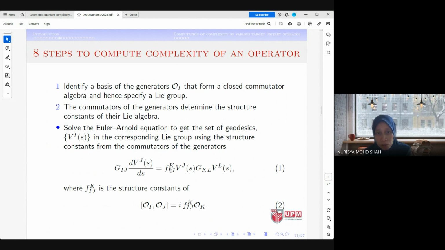So the structure constant over here is F, and V here is actually the tangent vectors. The structure constant you get from the commutator algebra given by equation 2.